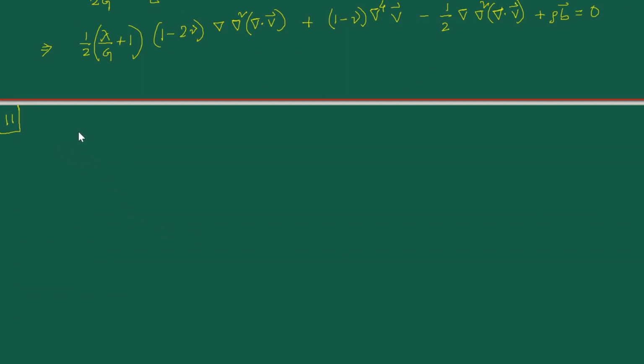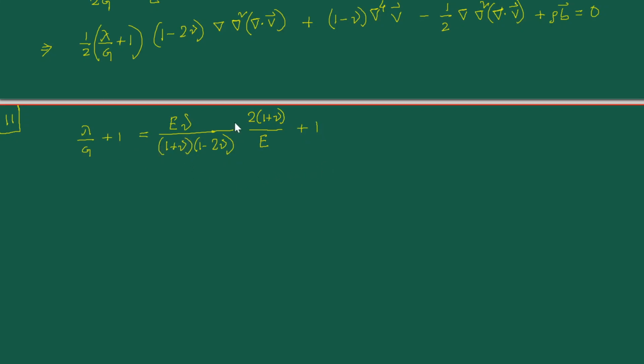Okay, so what we intend to do here is to find an expression for lambda by g plus 1. Now lambda is e nu divided by 1 plus nu 1 minus twice nu. If you do not remember this, I'd request you to go back and refer to the problem sheet on material behavior. G is e by 2 into 1 plus nu, and we have this plus 1 here.